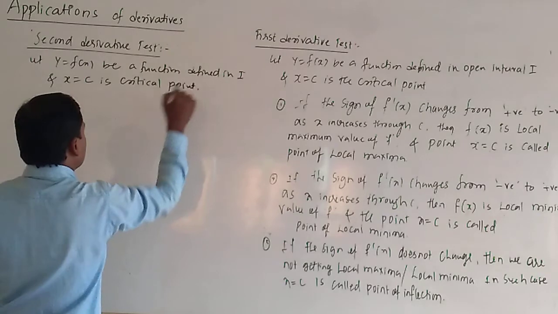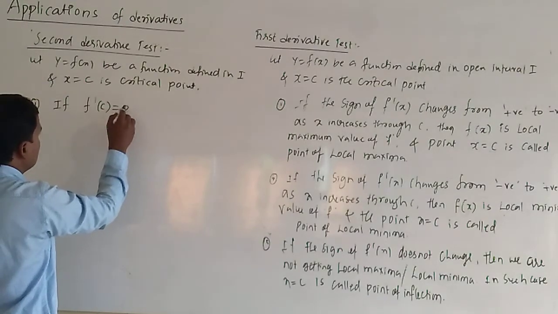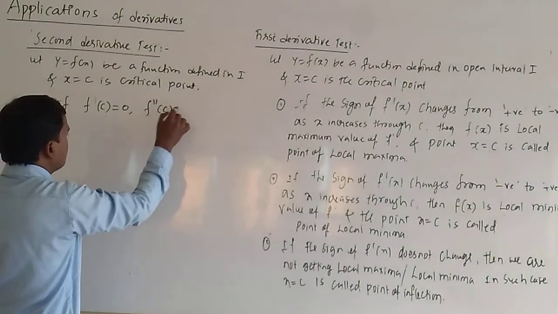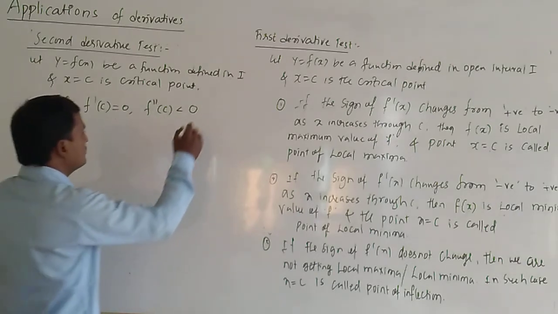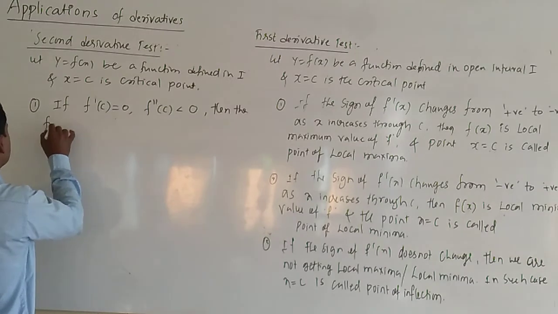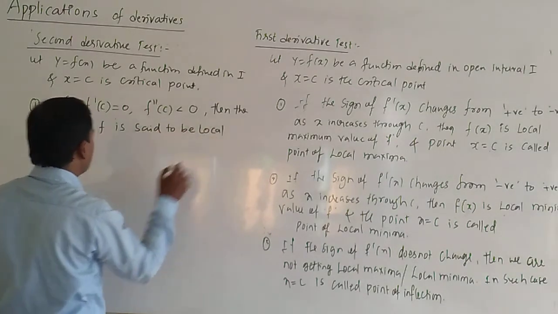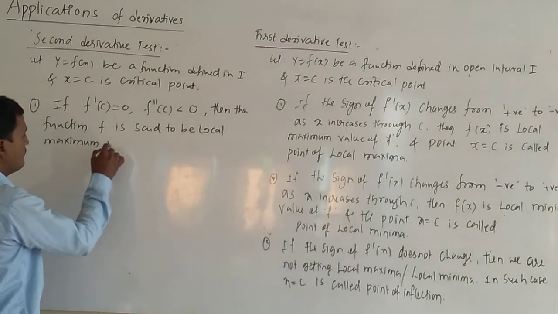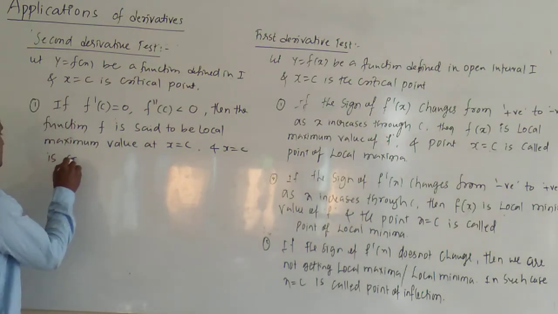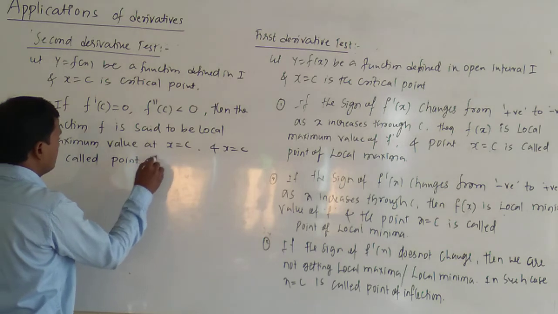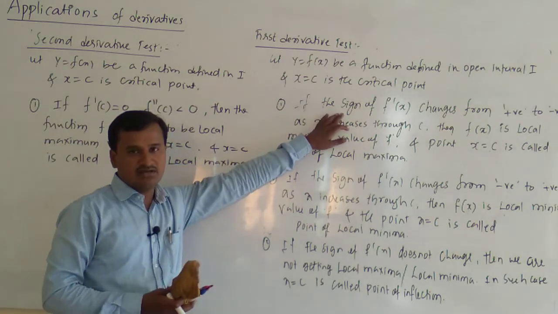The first one is: if both f dash of c is equal to 0 and f double dash of c is less than 0, then the function f is said to have a local maximum value at x equal to c, and x equal to c is called the point of local maxima.